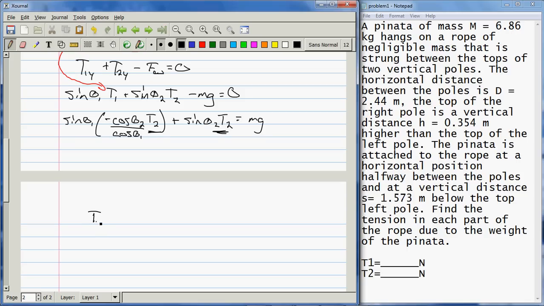When we do that, we have T2 equals mg all over the sine theta 1 times negative cosine theta 2 over cosine theta 1 plus sine theta 2.